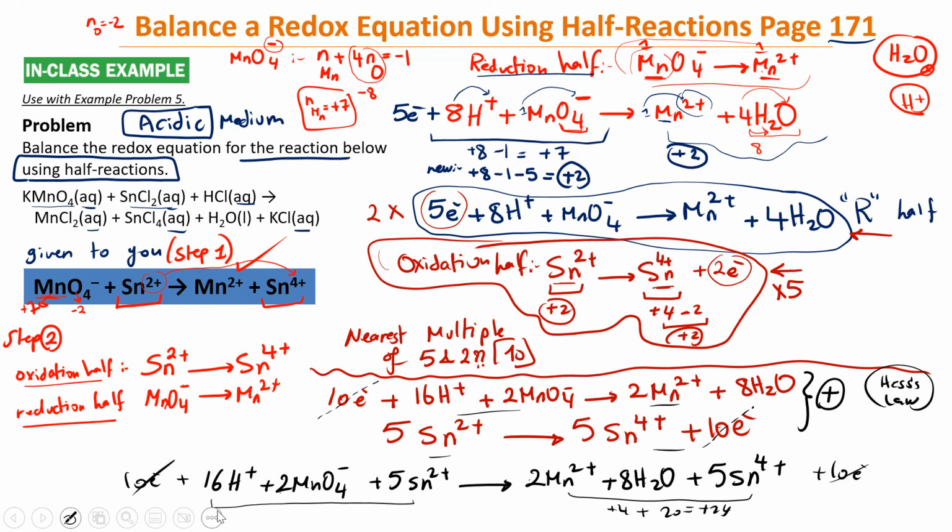Let's check here. It will be here plus 16, here minus 2, here plus 10. We add these, how much does it give us? Plus 24. Same as here. This is your final solution.